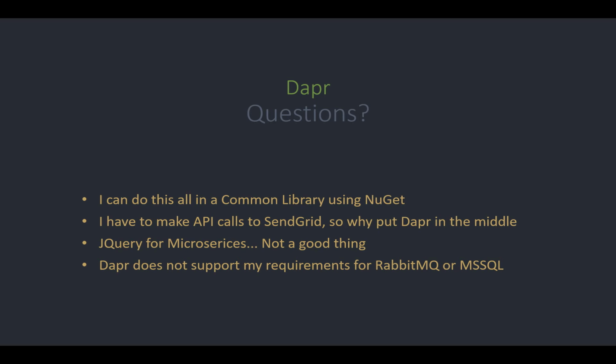Now, of course, the simplest answer to that is that if you chose to use a different email system other than SendGrid, you can quickly adapt Dapr and change it to send it to another system. But I always find that answer a bit of a cop-out, because businesses don't just quickly change their email overnight.